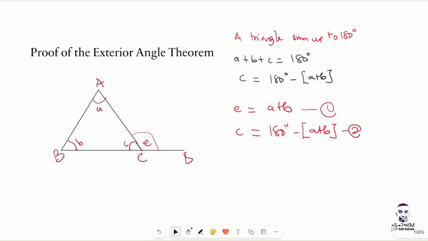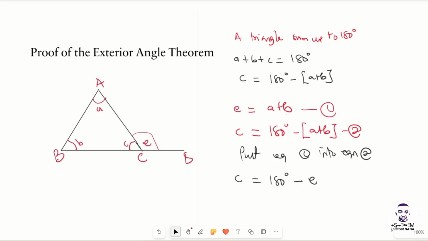So we put equation 1 into equation 2. We want to put the value of A plus B, which is E, into equation 2. So that implies that we can have C equal to 180 degrees minus E, where we know that E is A plus B.